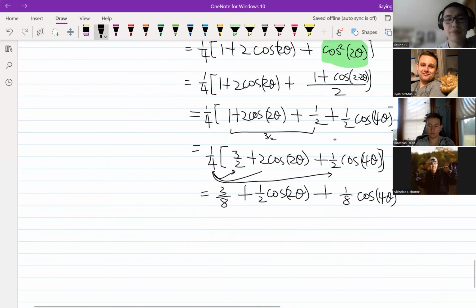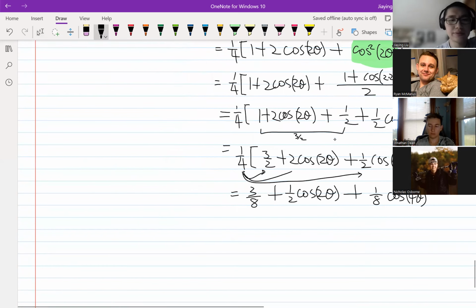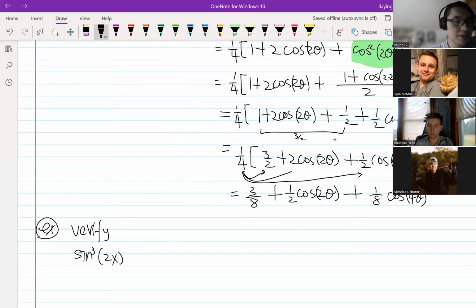The second example I have is, we're going to verify this identity or prove this equation, which is sine cubed 2x is equal to 1/2 sine 2x times 1 minus cosine 4x.